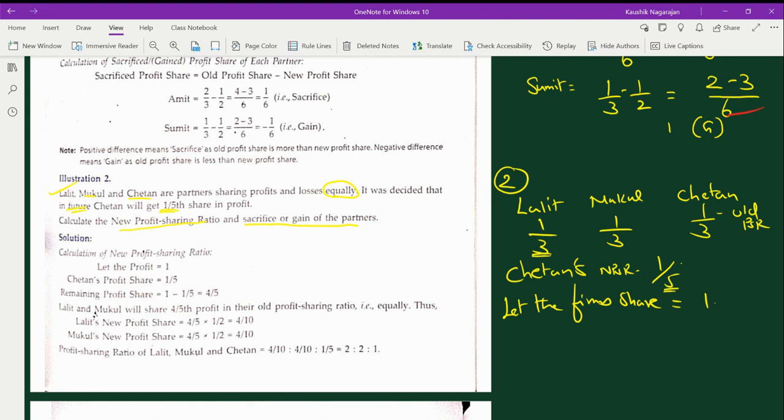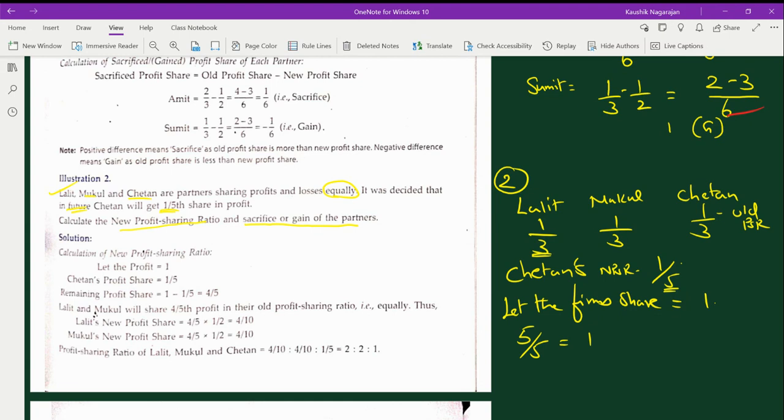You may ask, is this an assumption? No. The new profit sharing ratio of one partner is given as 1 by 5. Collectively the partners are denoted as the firm. Individually a partner is a partner, but collectively they become a firm. If one person is getting 1 out of 5, then the entire share in the firm would be 5 out of 5, which simplifies to 1. That's why we say let the entire firm share be 1.